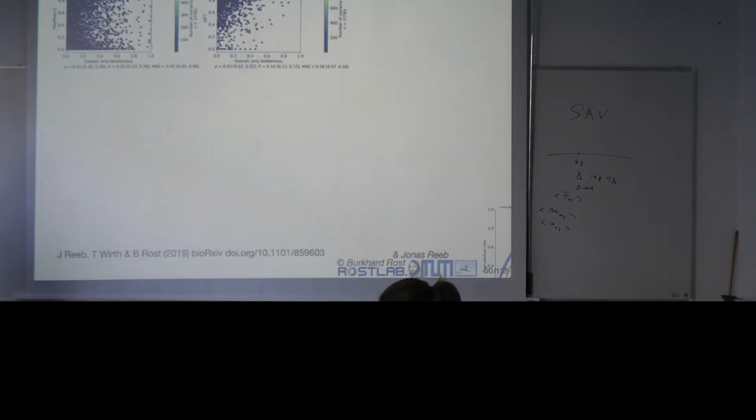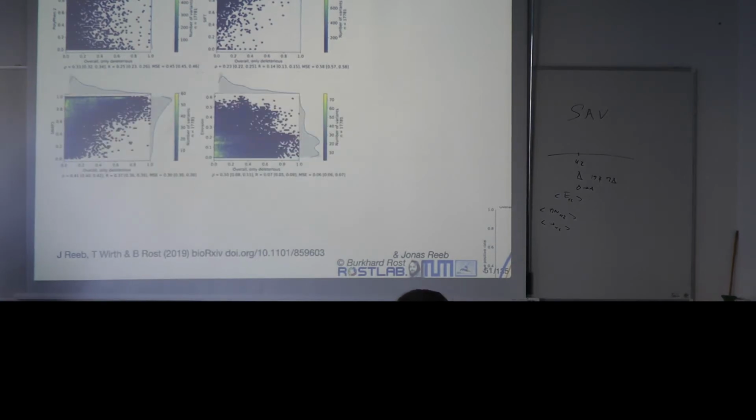Now this is for PolyPhen, again the same overall trend, although in terms of linear fit, this looks better than this. And then we go to this method here, Envision, that is the one that is optimized for the data set, and in fact that has the lowest Spearman of all the 4.